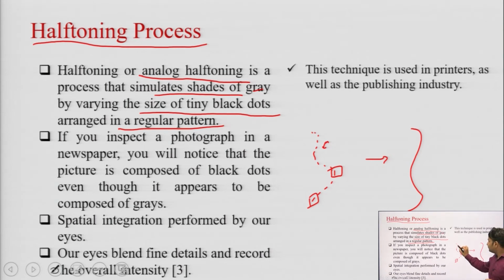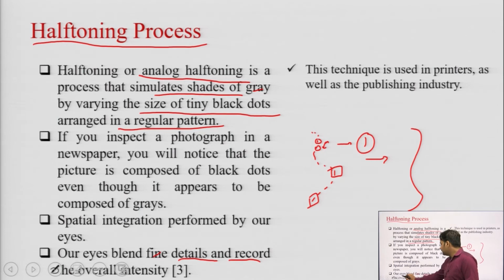If the gap between these two points is very small, then your eye does not observe that gap, so it will look like a straight line. Okay. That is the drawback of our eye: our eye blends fine details and records the overall intensity. That drawback gives the information about that particular image. So, your image does not look like this.